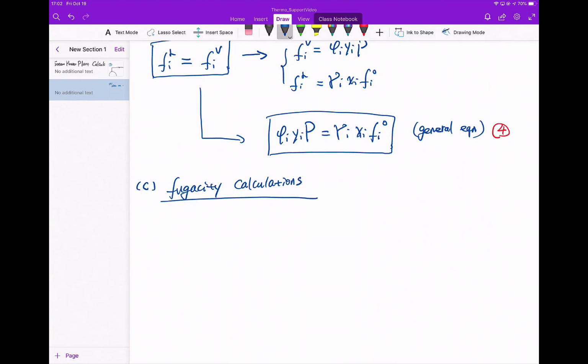The importance of the fugacity calculation is that we start with the equilibrium criteria or descriptor.